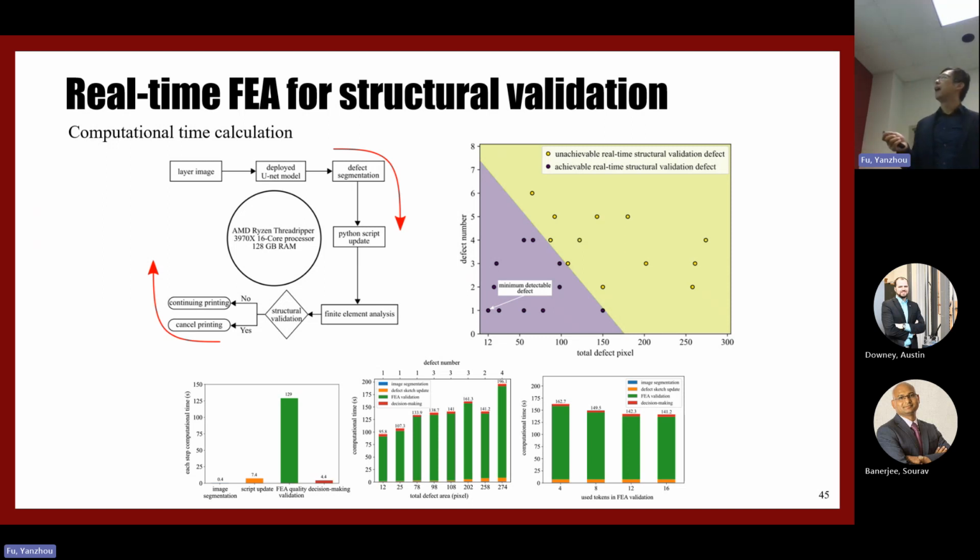From here, you can see the defect located around the yellow part is not achievable, because for the current sample, if one layer is printed out, it needs 140 seconds. So if the defect is over this line, it is over one layer's printing time. It is not achievable for the current configuration.